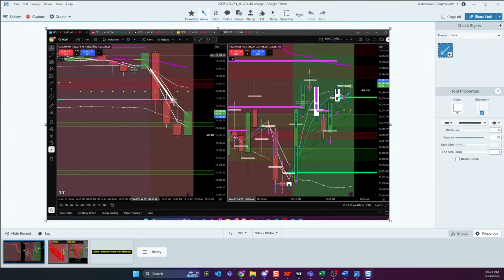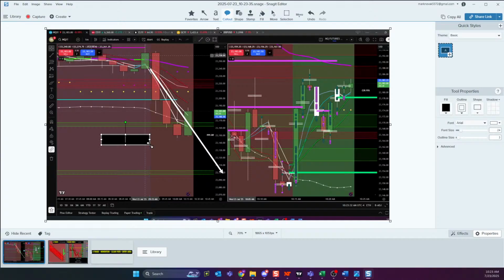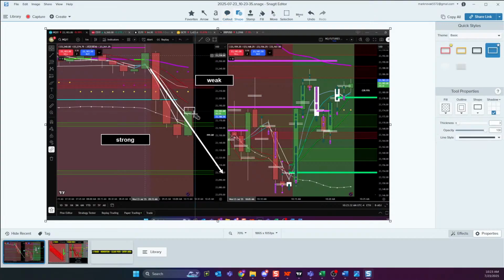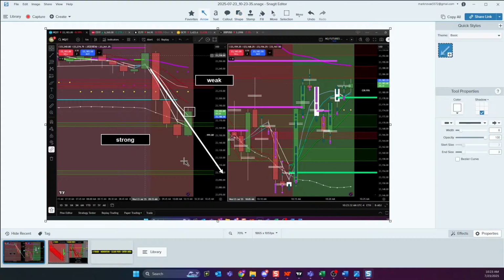I love this. Let me create a line in my triggers. This is the strong side, and this is the weak side. And does everybody see? We're on the weak side of small triggers, which means that shorts are going to be a little more difficult. They need to be managed.